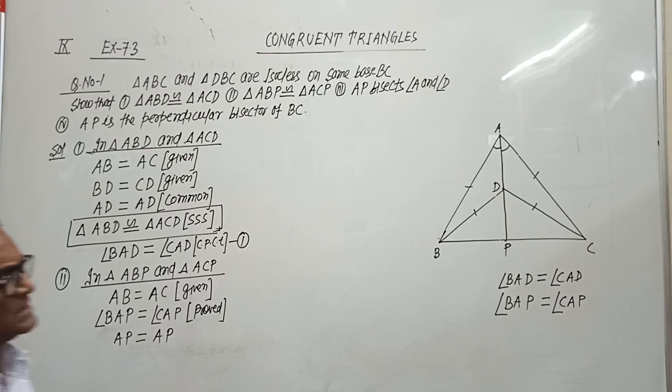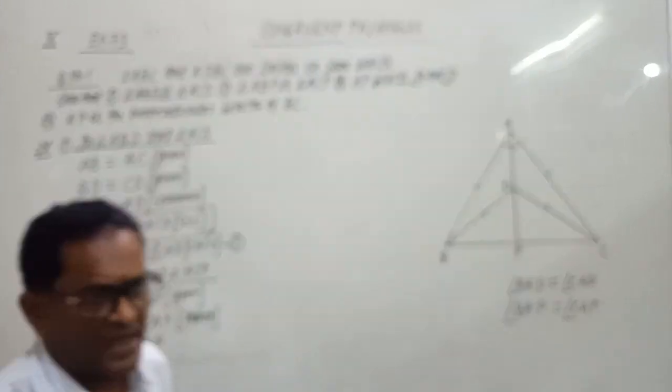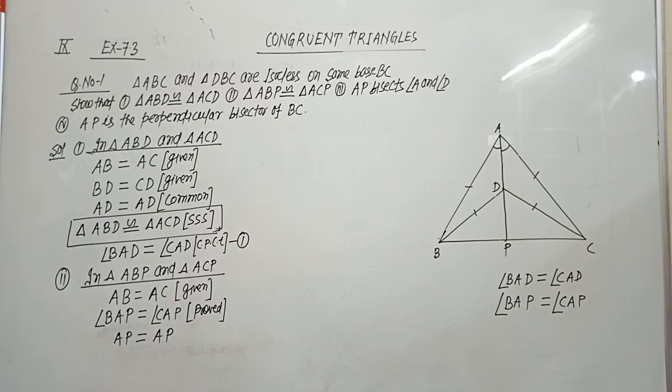So by side angle side, by SAS, these two triangles are congruent.